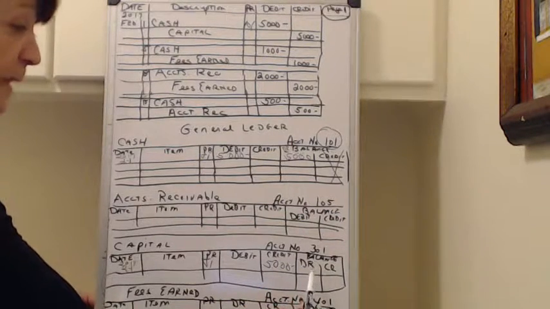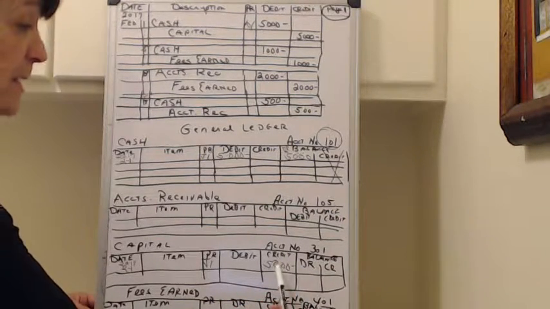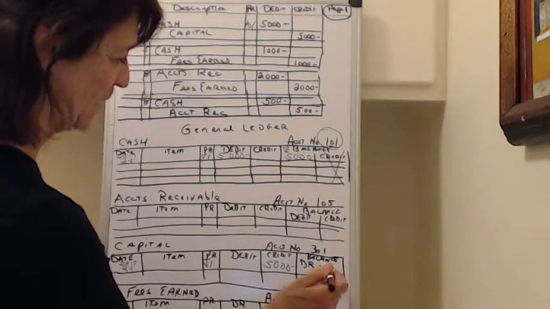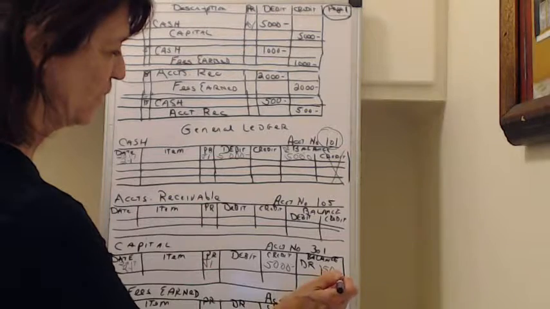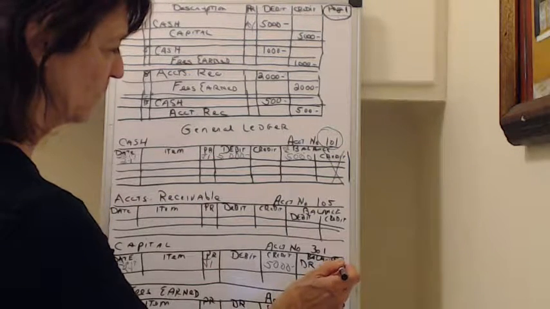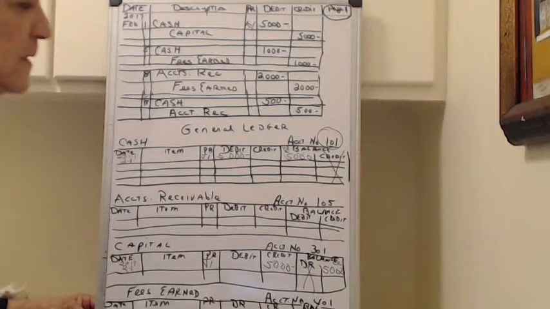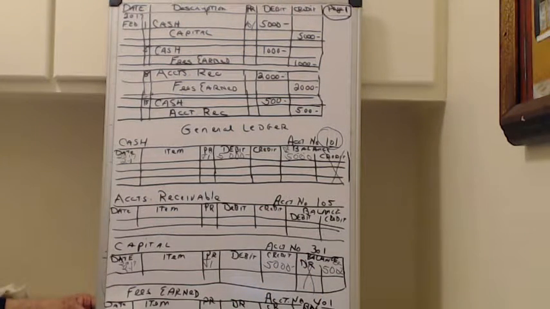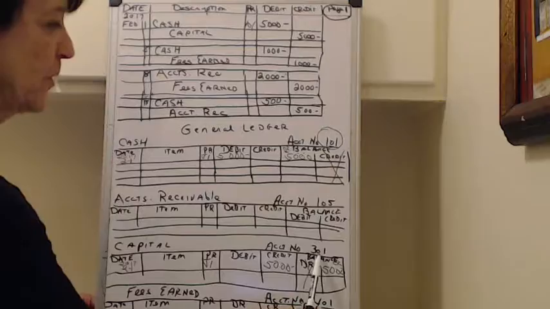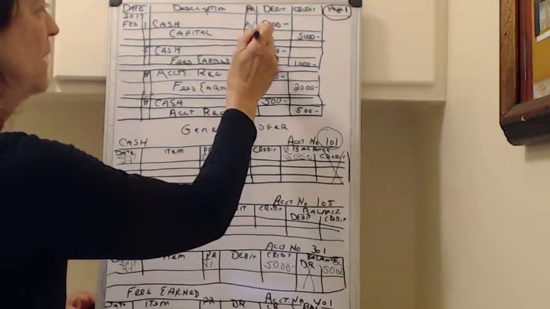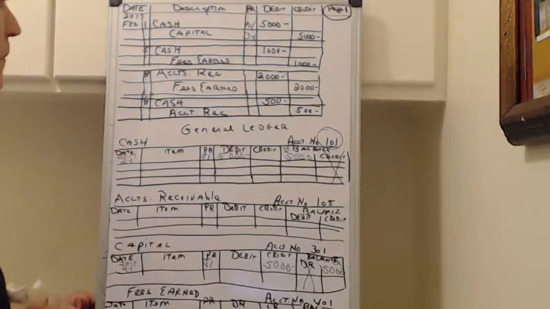Again, what is your balance right now? It's a credit of 5,000. So I'm going to bring my balance to the credit column. I didn't leave myself much room for that. So capital will always have a credit. I'm never going to use that debit column, so I'm going to X out again. The account number 301 goes into the post reference of the journal.